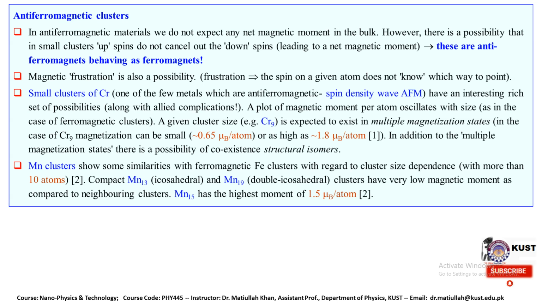So a plot of magnetic moment per atom oscillation with size, as in the case of clusters, describes that. So it means we can describe the cluster oscillation with that. If we consider the manganese Mn cluster, then it shows similarity with ferromagnetic Fe clusters with regard to the cluster size dependence.